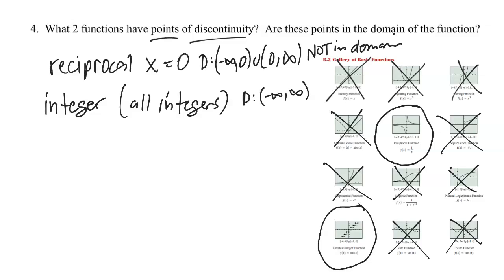So even though it has infinitely many discontinuity points, all of those values of x are actually still in the domain. So I am going to say yes, those points of discontinuity are still in the domain of the function. And so if you have any questions about that, please feel free to let me know. This is almost entirely about vocabulary.